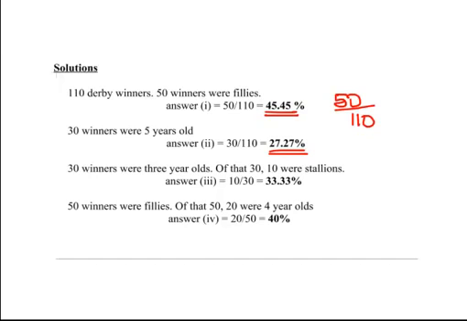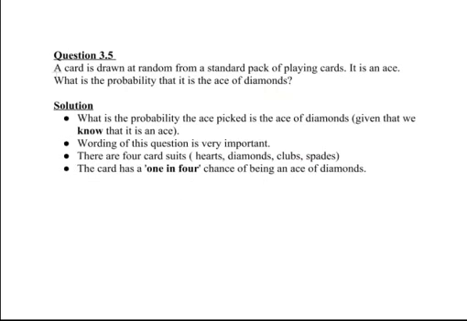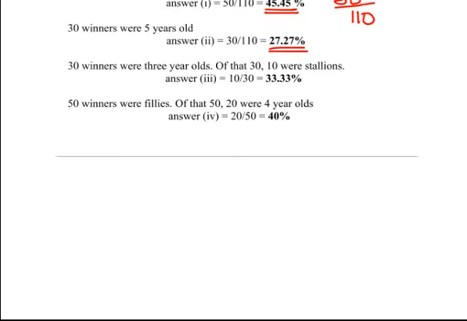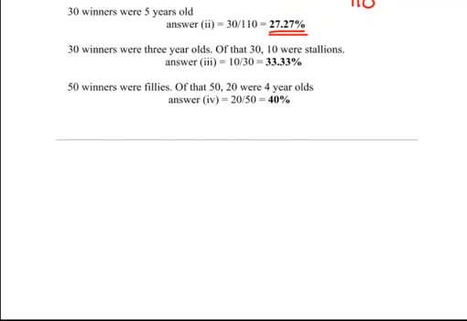Now, what I'm going to do here is separately do the last two questions again, using the conditional probability formula. Oops, wrong question there. So let's do it down here. I'm going to scroll down a bit so I have more space. So the probability of being a stallion, given that it was 3 years old.